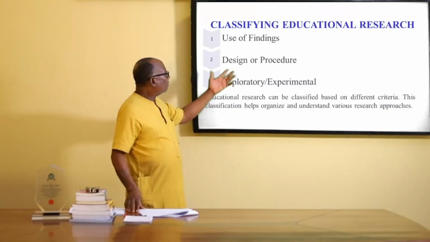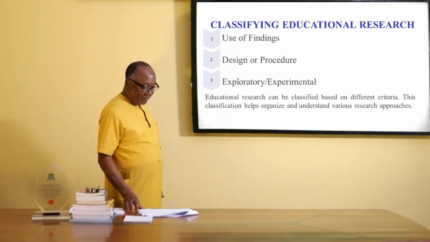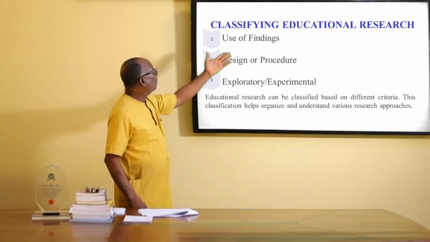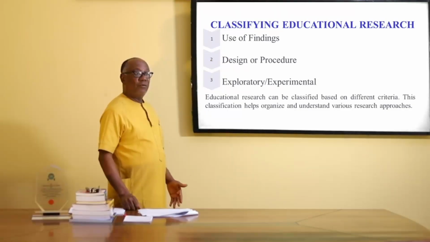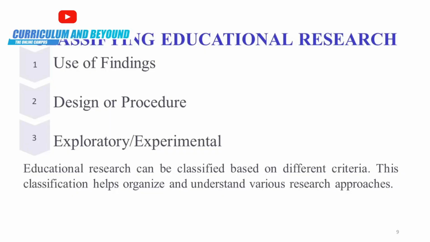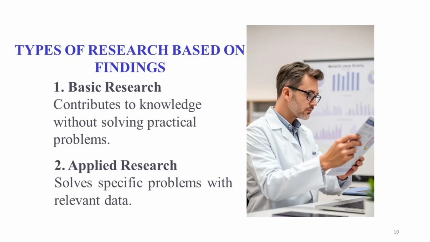One of them is based on use of findings, and the other one is based on procedure. With time, we are going to add a third one, which has to do with what the researcher is doing, whether it's exploratory or experimental.